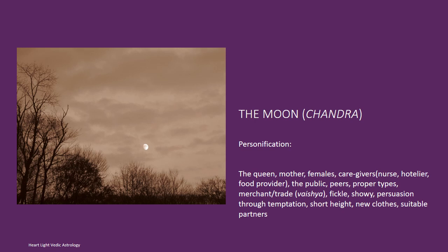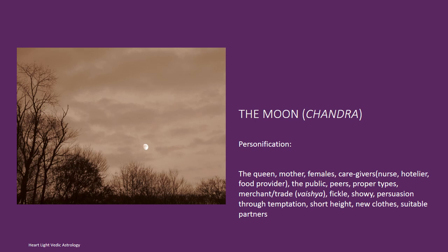Again, because the moon is constantly changing, it's fickle. It can be showy, like clothes and that sort of thing. It draws attention. Its persuasion type is through temptation, the way the moon draws us out in the middle of the night. It can indicate a short height for people.